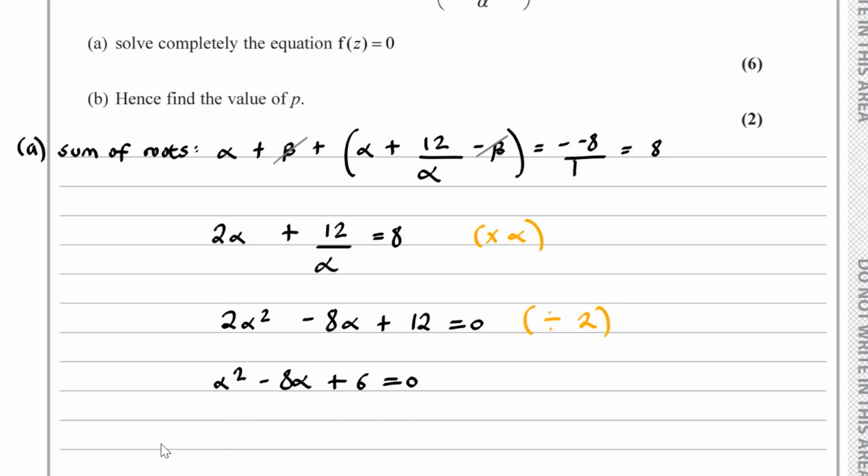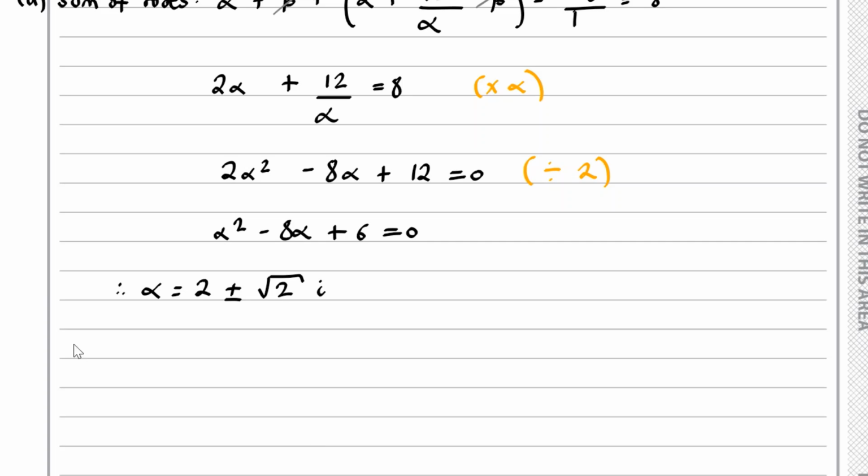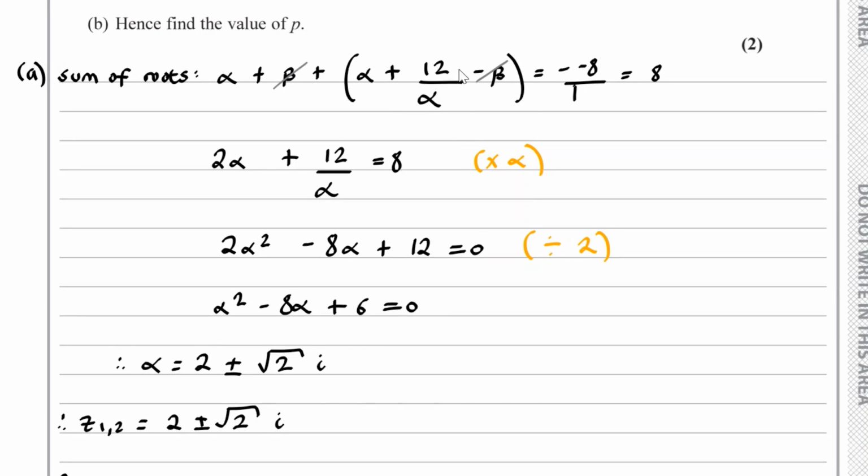And if we solve this quadratic equation, we see that alpha is equal to 2 plus minus root 2 I. And therefore, we have a complex conjugate. So z1,2 is equal to 2 plus minus root 2 I. And we can find out the third root by substituting back into here.